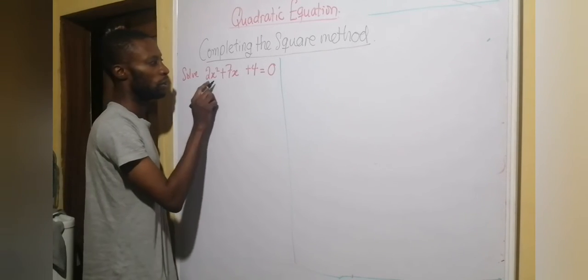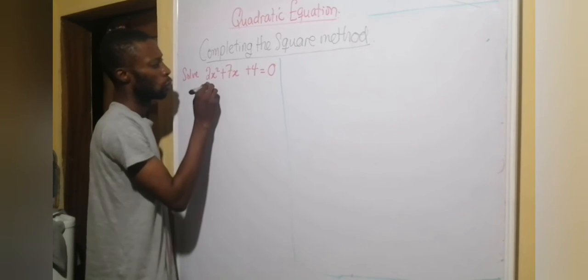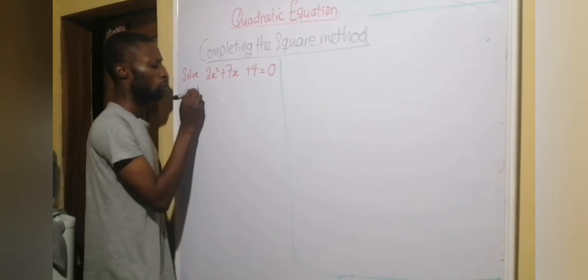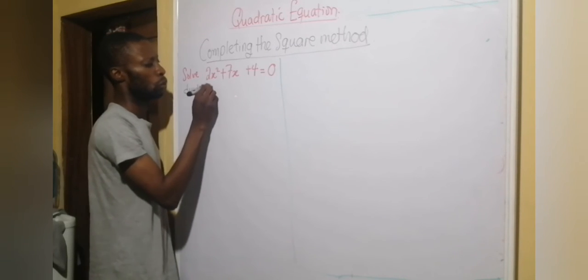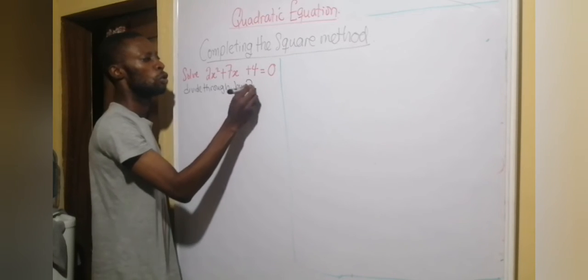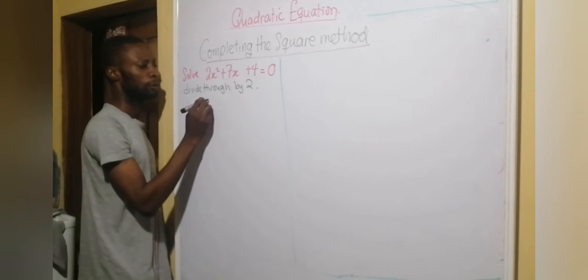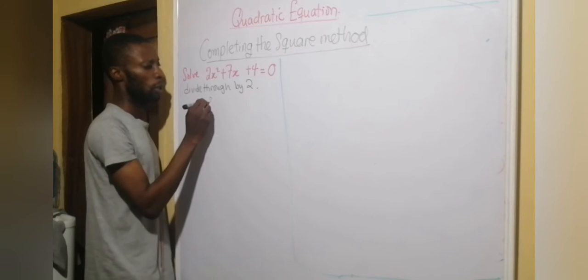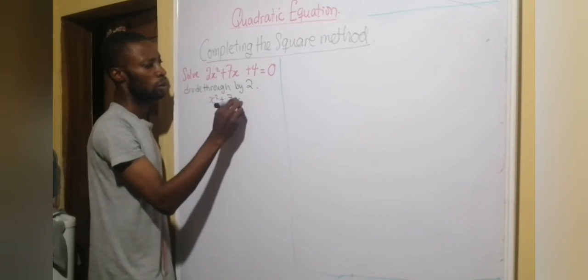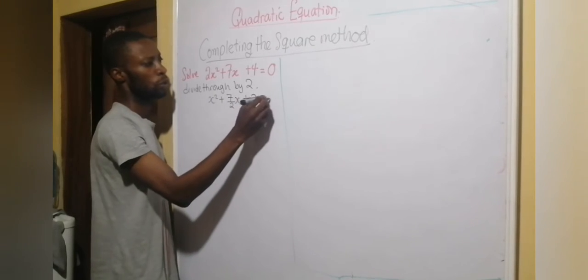We first divide all through by 2. So we have x squared plus 7 over 2x plus 2 is equal to 0.